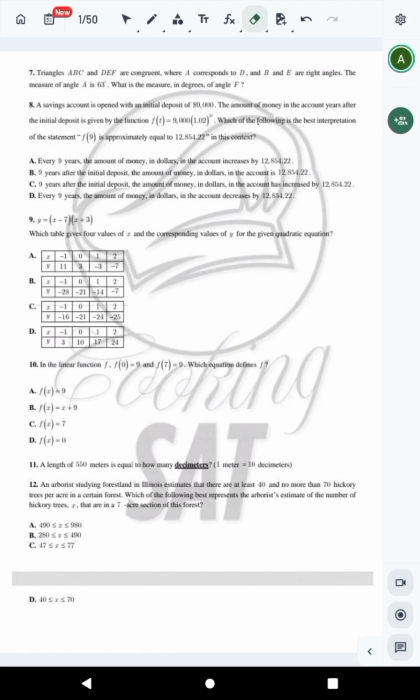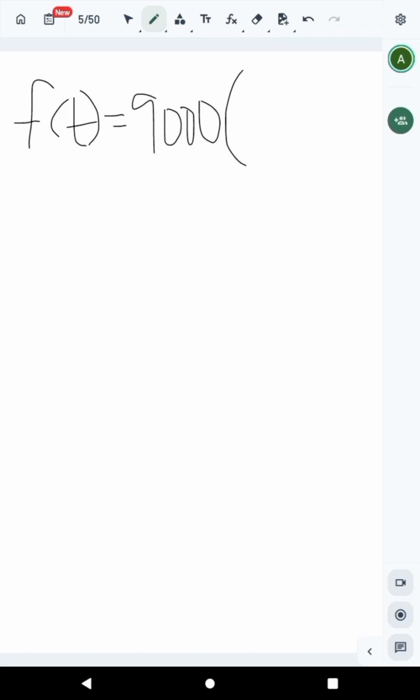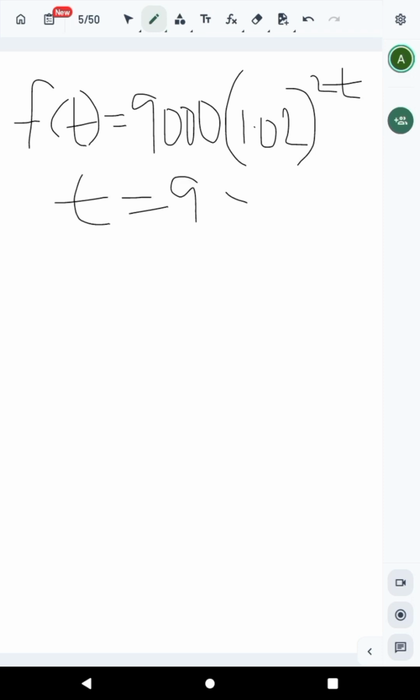The amount of money in the account t years after the initial deposit is given by the function f of t is equal to 9,000 open bracket 1.02 close bracket raised to the power of 2t. They mean 9 years after the initial deposit, where t is 9.